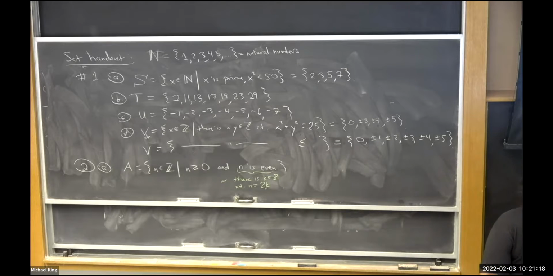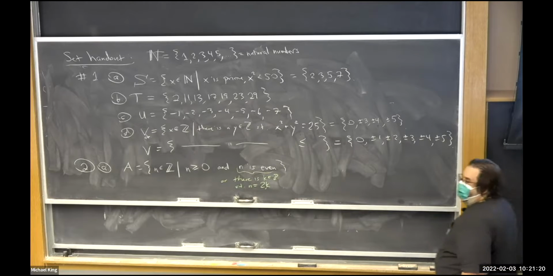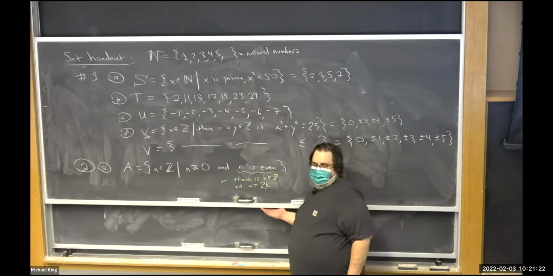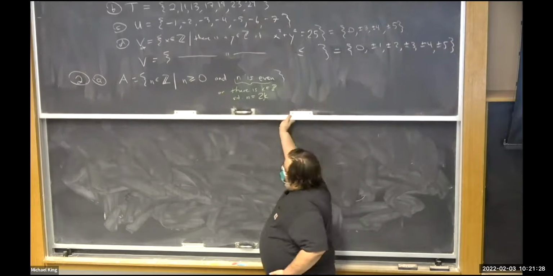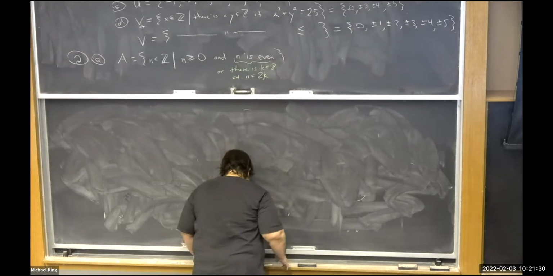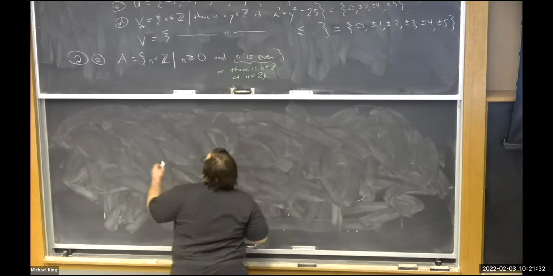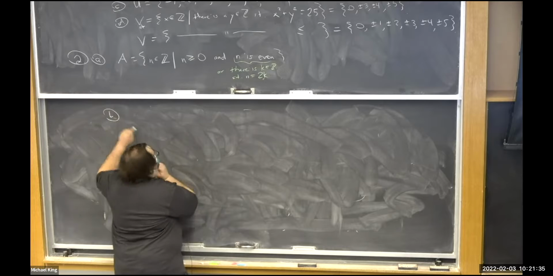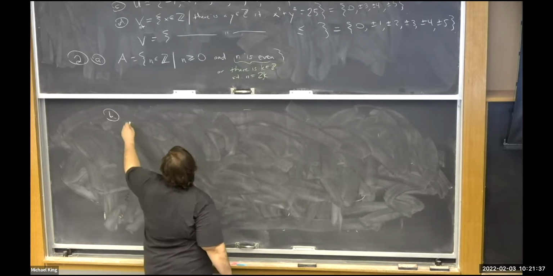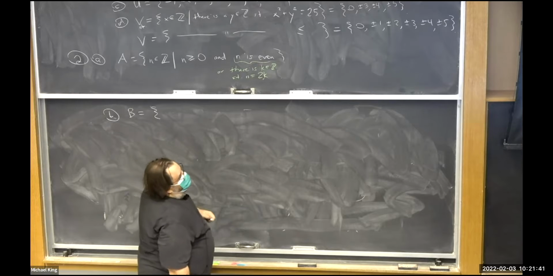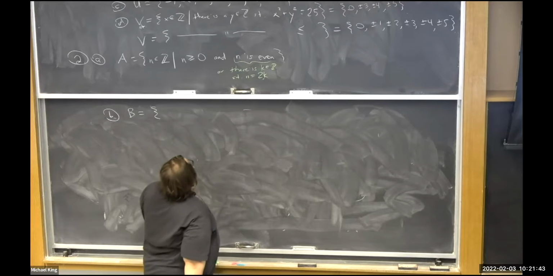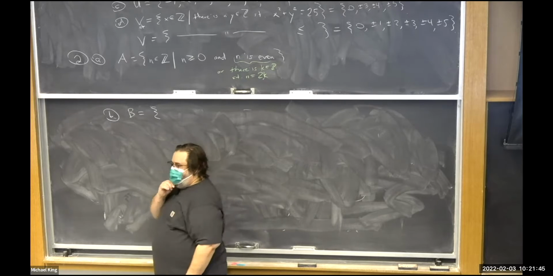Now, what was the pattern in B? Yep, good, right. So they were one more than the squares. That was a pattern. So B was the set of, for some reason, this is another math cultural thing.